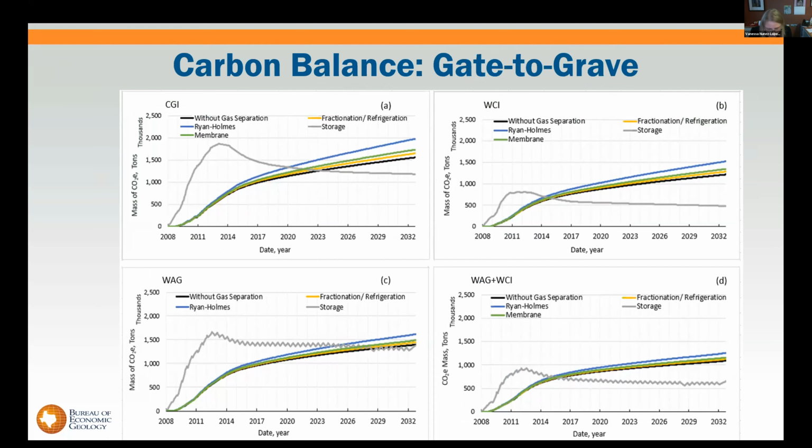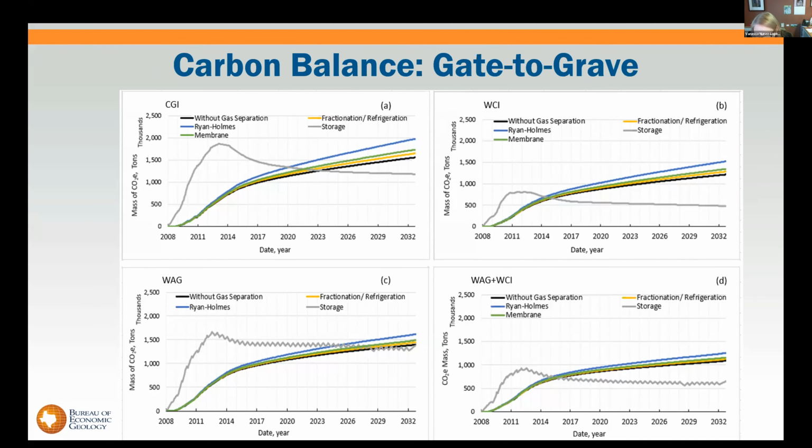Here, you can see the gate-to-grave results. The curves obtained with our surface model are superimposed again on the carbon storage curves, to observe the relationship and mainly identify the point at which the storage and emission curves cross. We're going to call that a transition point.